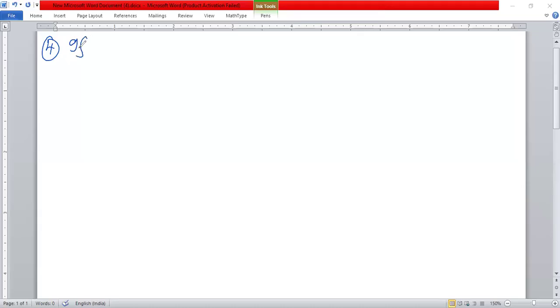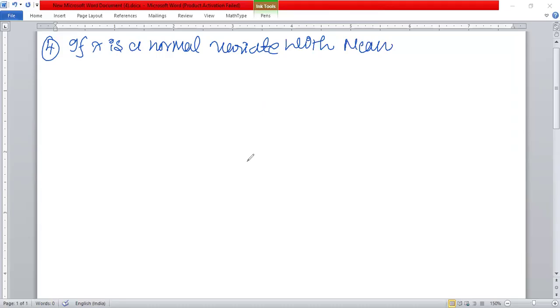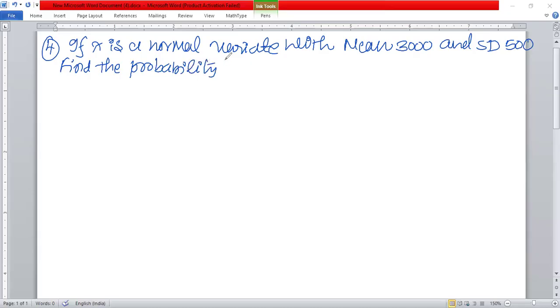If x is a normal variate with mean 3000 and standard deviation 500, find the probability that, first one, more than 3400.